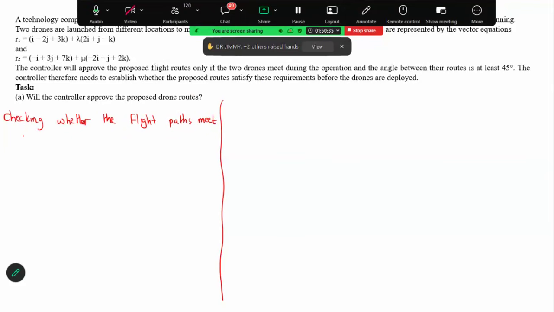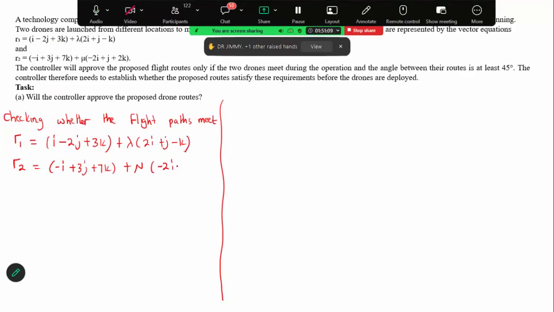So you have your first flight path of R1, which is given by this. So you are going to allow me that I'm going to first extract it. Always learn to extract your data the way you have it within the scenario. So extract your data, that is R1, and then you have your R2, which is negative i plus 3j plus 7k plus mu into negative 2i plus j plus 2k.